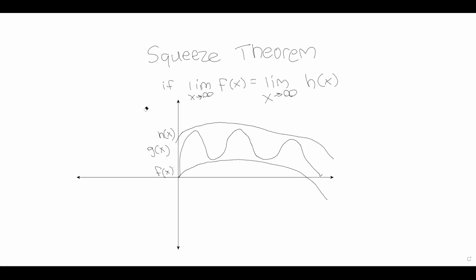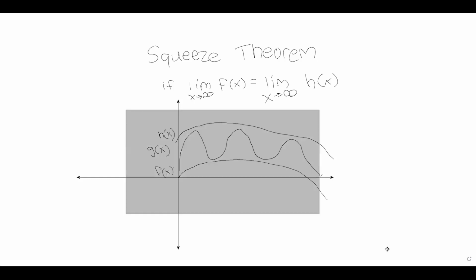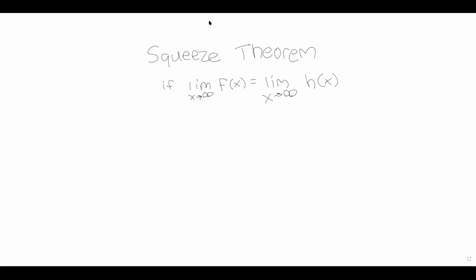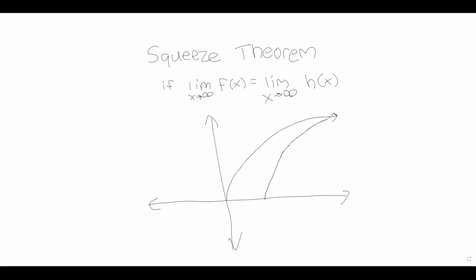So I want to maybe show you a better graphical example. So if we have a function like that, and then we have some other function, and eventually they approach the same value, that means that if we have a separate function between them that stays between them for all values of x, we know that because the top one and the bottom one both eventually reach the same limit, the one in the middle is also going to have to reach the same limit.